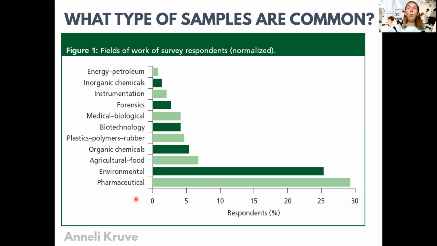So into the environmental category belongs a very wide range of different samples, starting from air samples through water samples, down to soil and waste samples, for example. Into the pharmaceutical sample category also belong very different samples, or can belong very different samples.